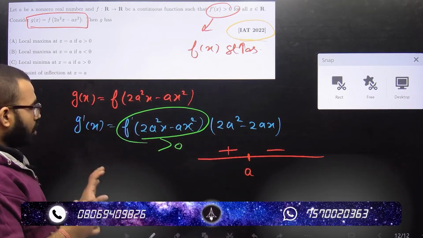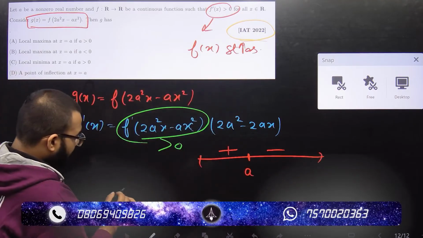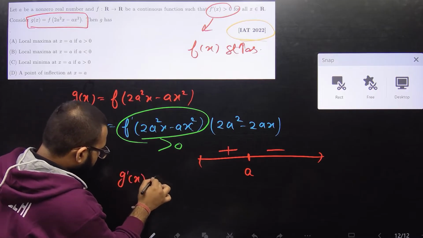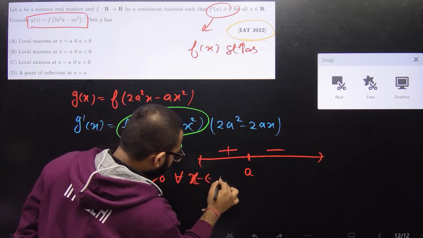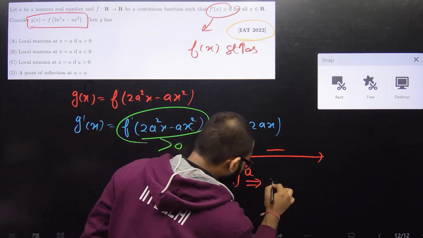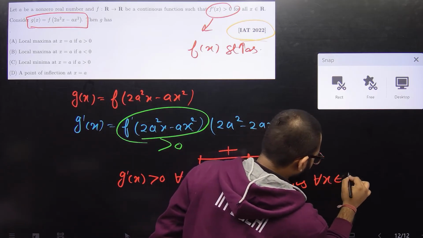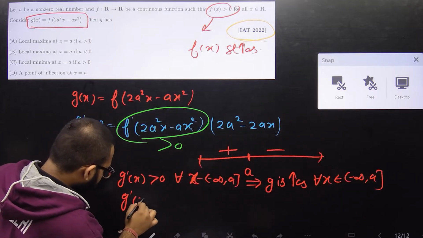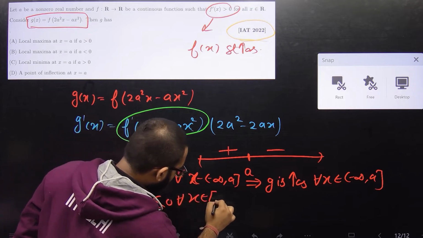All right. So via the first derivative test, we can say that g dash x is positive for all x belonging to minus infinity to a. So we can say that g is increasing for all x belonging to minus infinity to a, and g dash x is less than or equal to 0 for all x belonging to a to infinity.